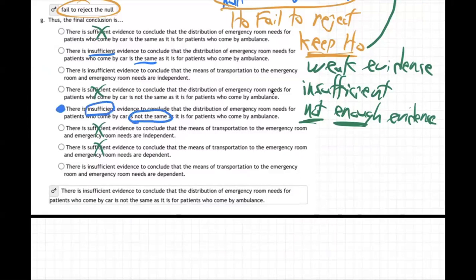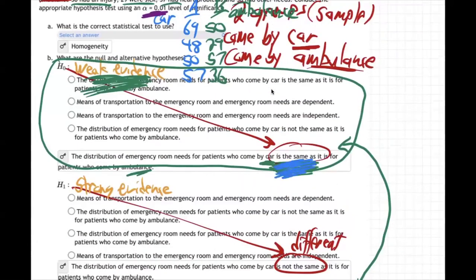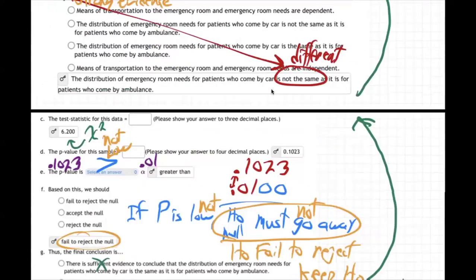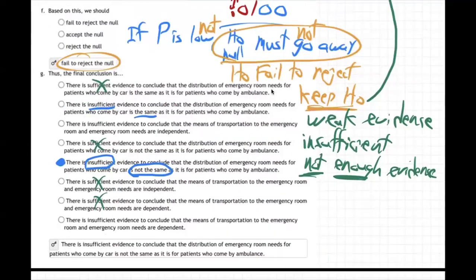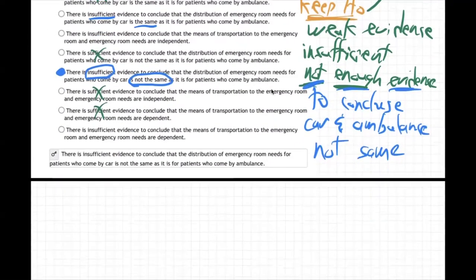Now, why? You might think, wait, mister, you said up here, H0, we want is the same, right? That's what we conclude, they're the same. Yeah, but they're saying a negative word. They're saying there's not enough evidence to conclude car and ambulance are not the same.